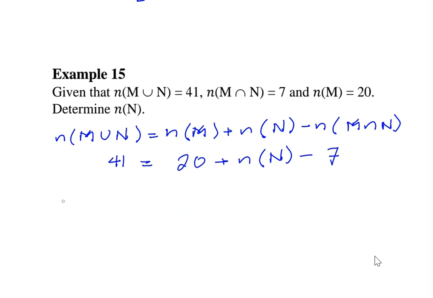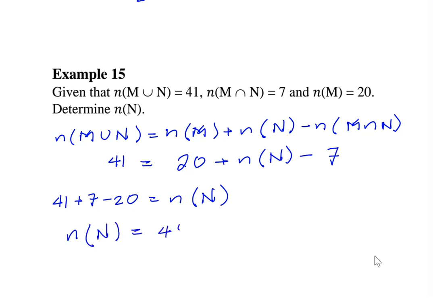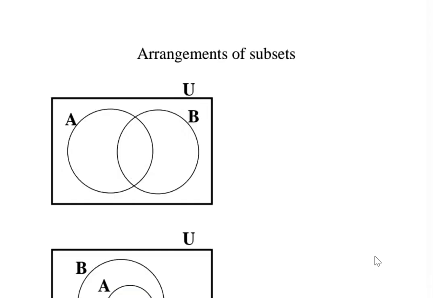So this is 42 plus 7 minus 20 is equal to the number of elements in N. So the number of elements in N would be 49 minus 20, which would be 29 elements.